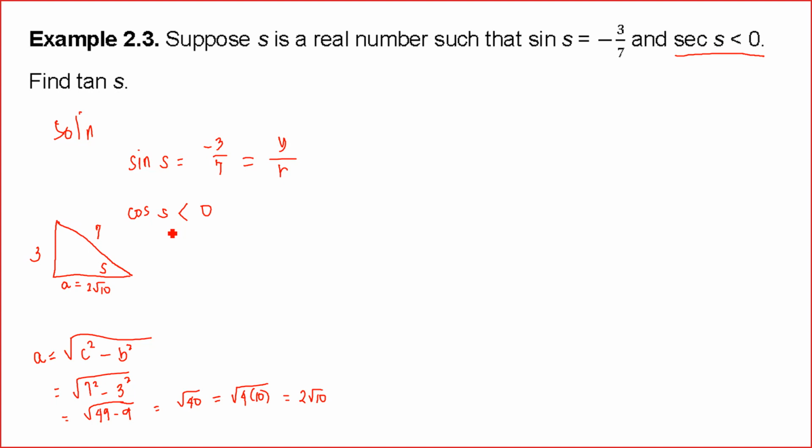So our x here is negative. If y is equal to negative 3, our a, or our x here, must be negative also because cosine s is negative. So it is in the third quadrant.